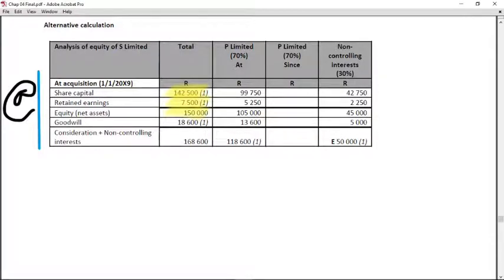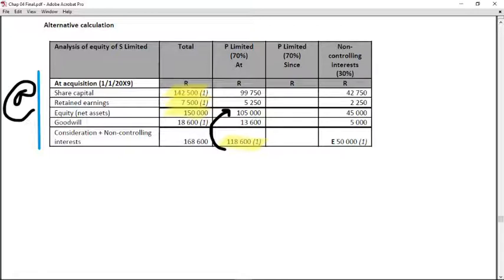To that you compare what the parent was willing to pay for his portion, which is the cost of this investment made by the parent and the consideration paid. You can see the parent was willing to pay 118,600 Rand for his proportionate share of 105,000, and that led to a little bit of goodwill of 13,600.